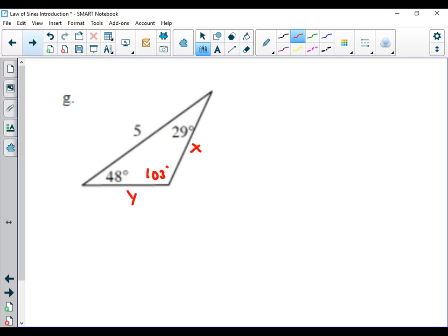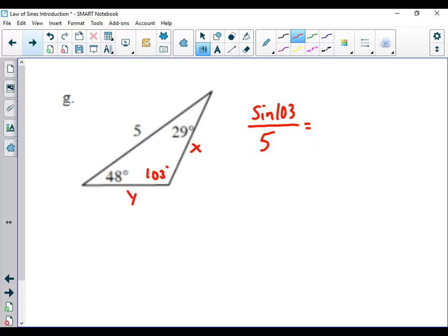Well, as soon as I see I have an angle and the side across from it, that tells me I can use law of sines. So I have that angle of 103 degrees. So I can say the sine of 103 over its opposite side, which is 5, is equal to, now let's say I wanted to find a side x.